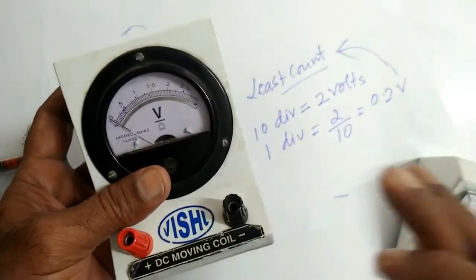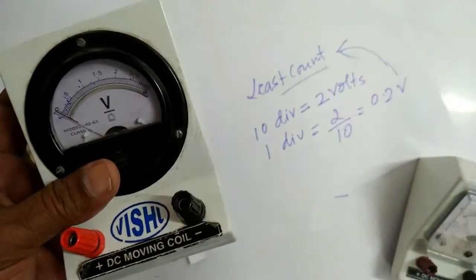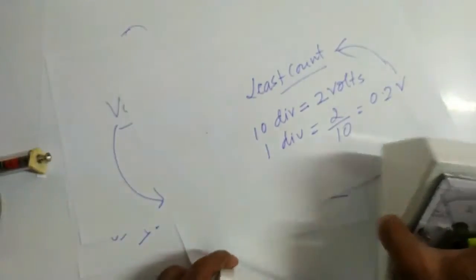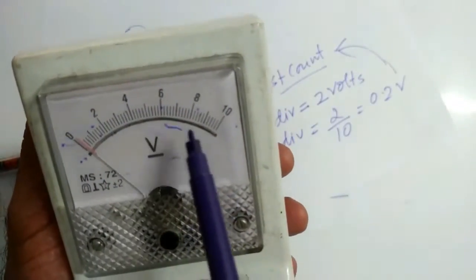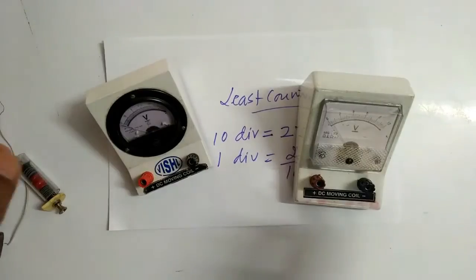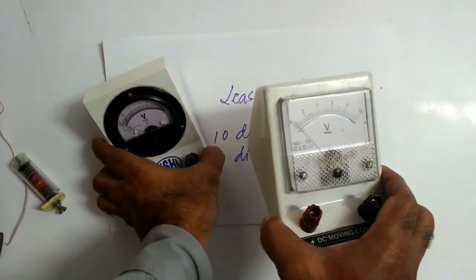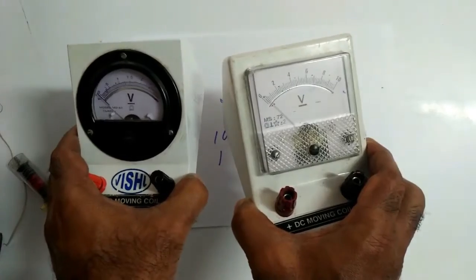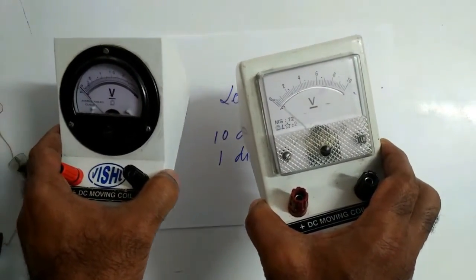Whereas suppose the voltage you supply from one end is around 12 volts or more than 10 volts, you can use this because this measures till 10. Having understood what is the least count and how we can find out the least count of any device, right?